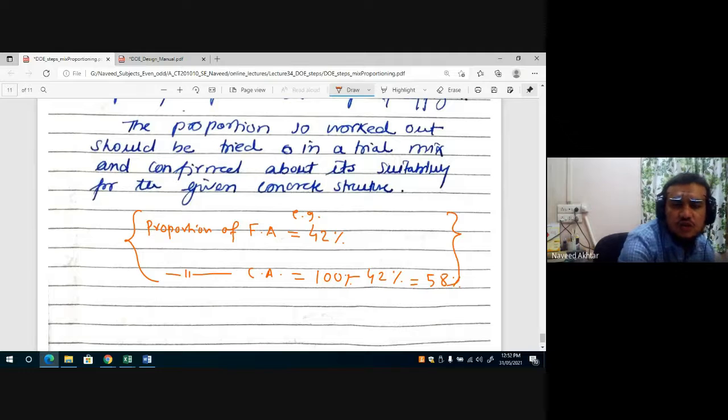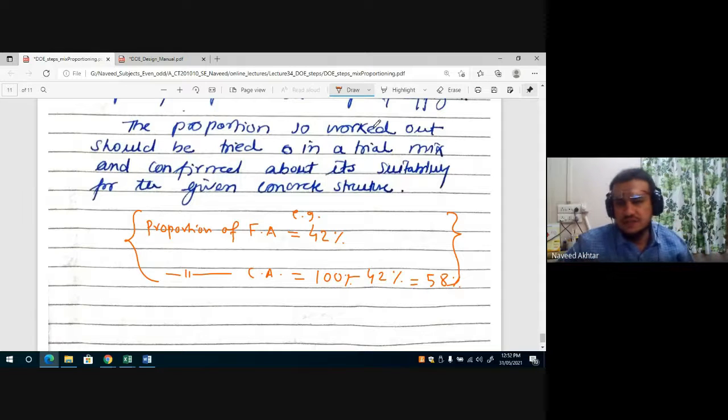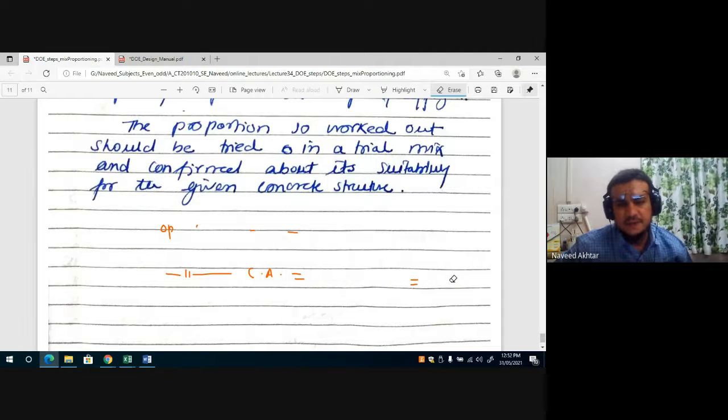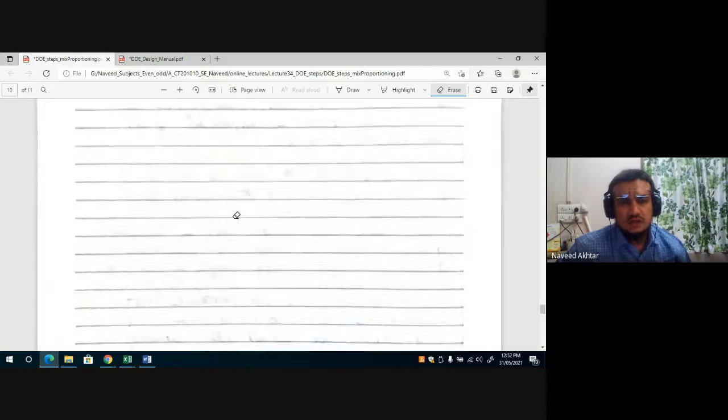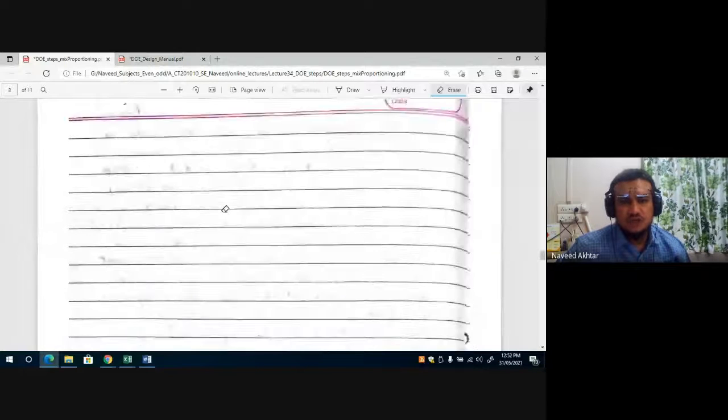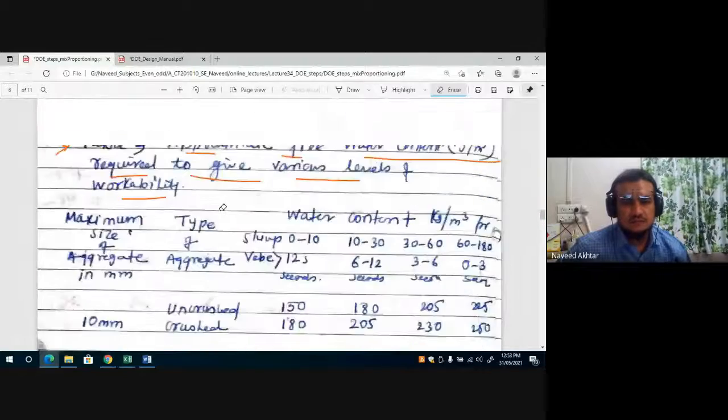I am showing this just for you to know. Likewise, you can find out the proportion of coarse aggregate and fine aggregate. This is nothing but your step-by-step procedure for the mix proportioning using the DOE method.